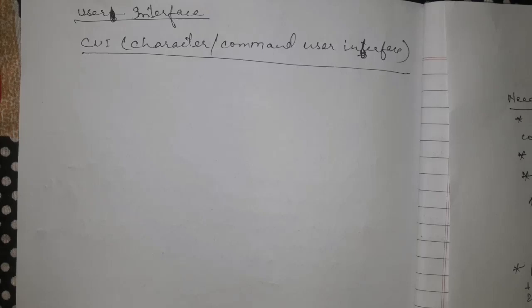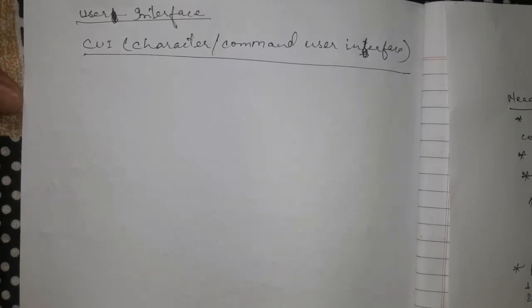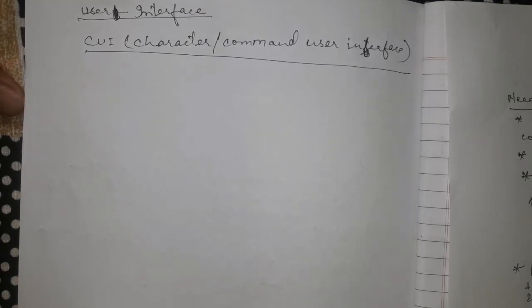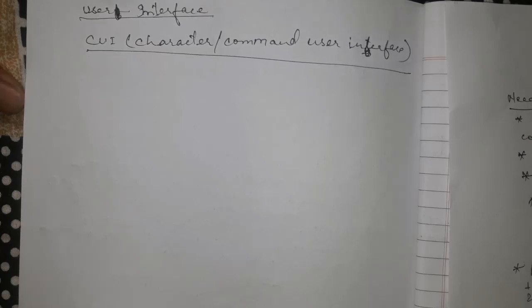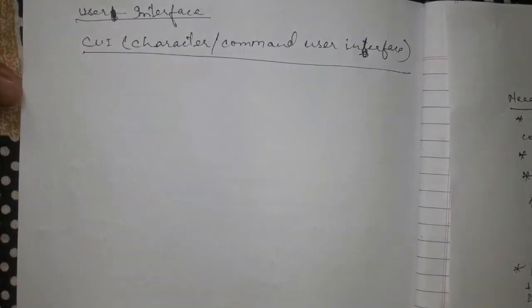In such a case people used to write commands and utilize the resources of the computer. Such a type of interface is called CUI, command user interface, or character user interface. Sometimes it is also known as command line interface.